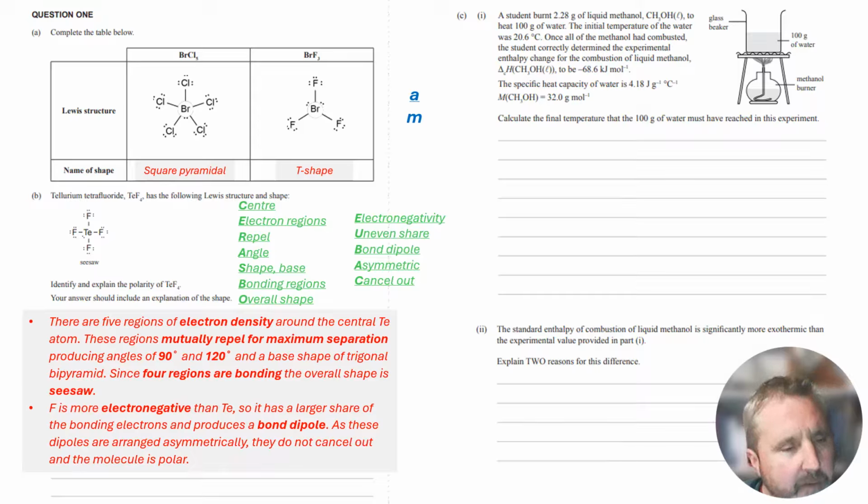Now we talk about not the atoms arranged around the central atom, but the bond dipoles. There are 1, 2, 3, 4 bond dipoles. They are arranged asymmetrically because this shape is a seesaw, and seesaw is an asymmetric shape.